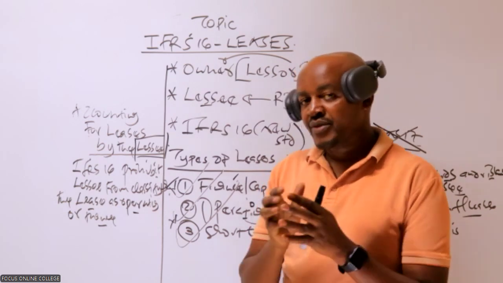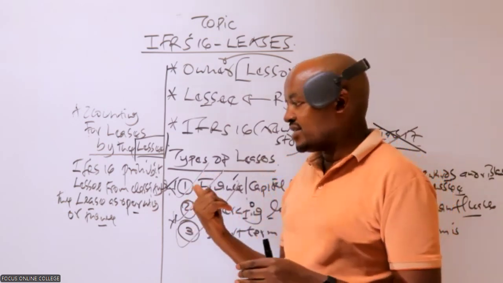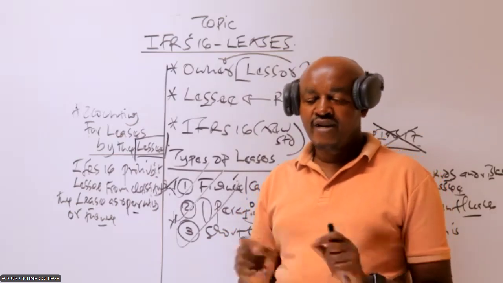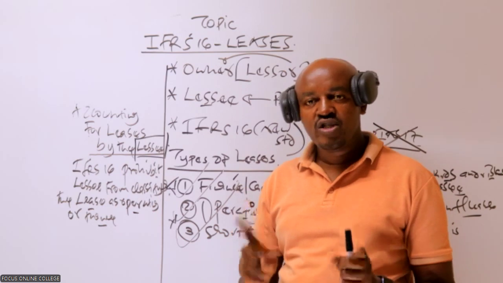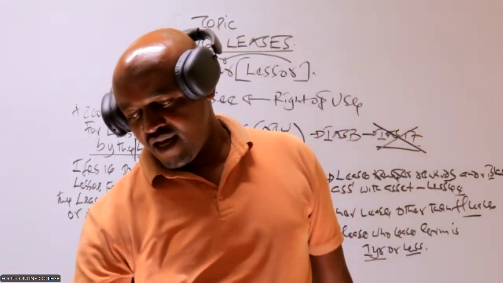But as the person who has been given the right to use the asset, you are totally prohibited by this standard from classifying the lease as operating or finance. Whenever you're accounting for this lease, don't classify it as operating or finance.